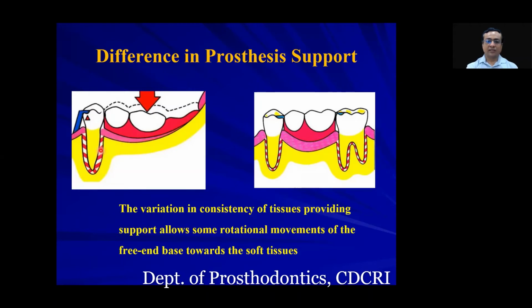And this variation in compressibility can be almost a difference of 10 times or 20 times. So if you apply the same amount of force on the soft tissue and the abutment tooth, soft tissue will be compressed more as compared to the periodontal ligament.